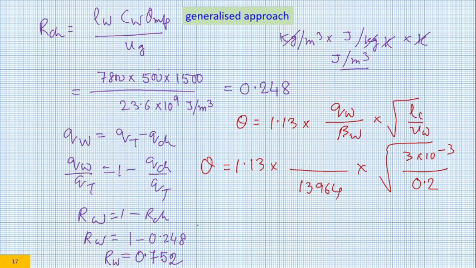And from this we can calculate QW as 0.752 times 70.8 into 10 to the power 6, because it has to be taken into SI unit. If we do this calculation, we will get another solution for theta, and let us see how much is the solution.